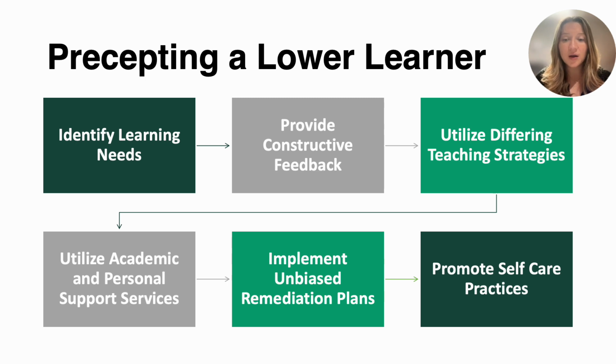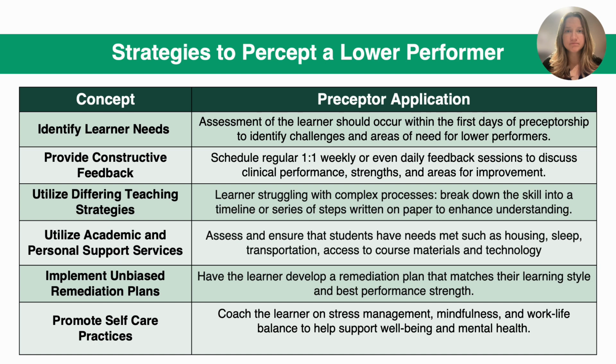And then promoting self-care practice. So educating lower level learners, and to be honest all level learners and yourself, on the importance of balancing things like stress management, mindfulness, and work-life balance, because mental health and well-being are essential to being able to show up as a learner and perform within the learning environment.